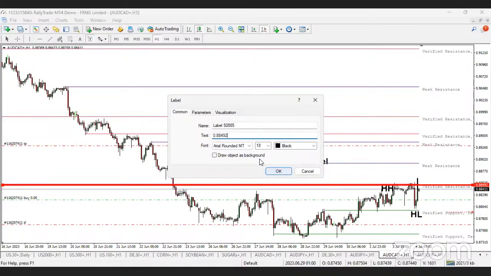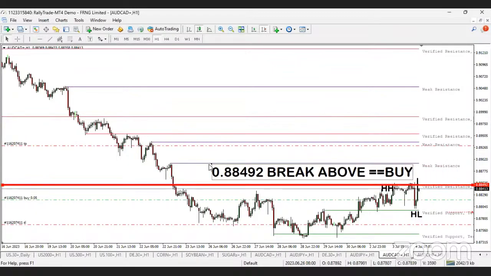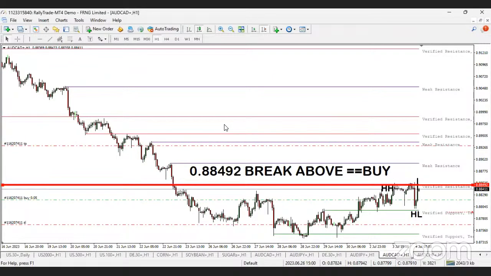Once we see a break above this number, then just buy. It's clearly stated here now. So you can put it down for those of us using phone. Once you see a break above this number, it follows our plan of waiting for a break and retest, or a break above a resistance for the buy to continue.